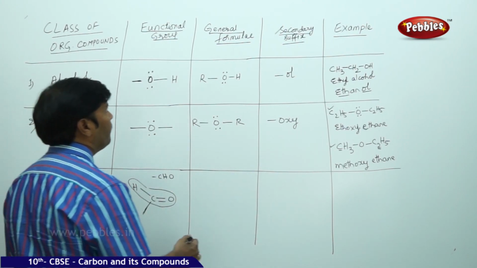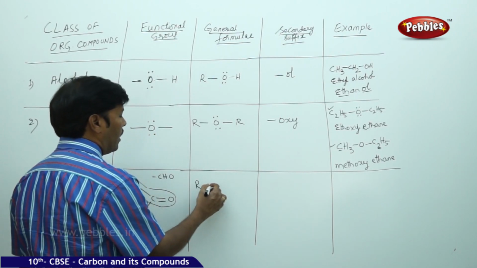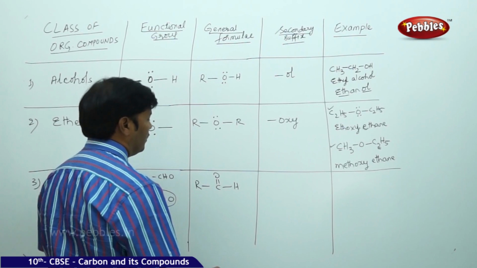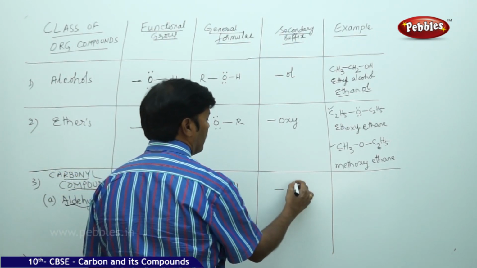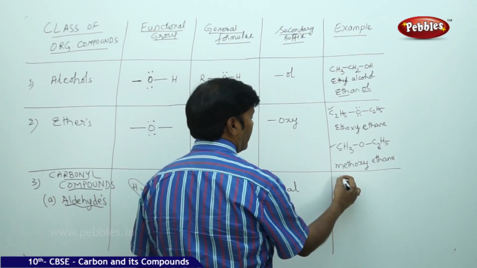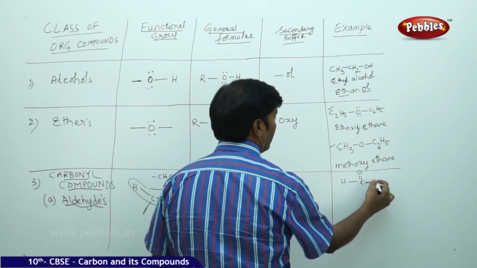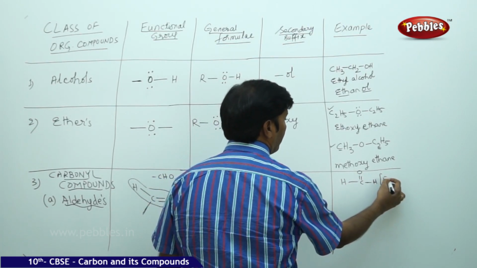The general formula is R-C double bond O with H. The secondary suffix is al. An example is H-C double bond O-H. This is formaldehyde.